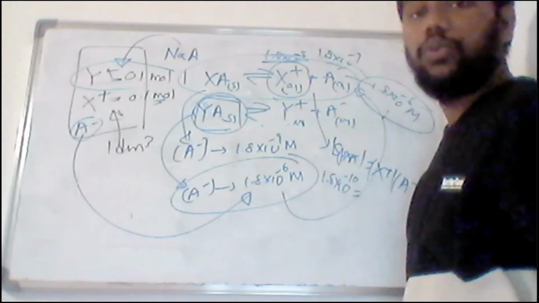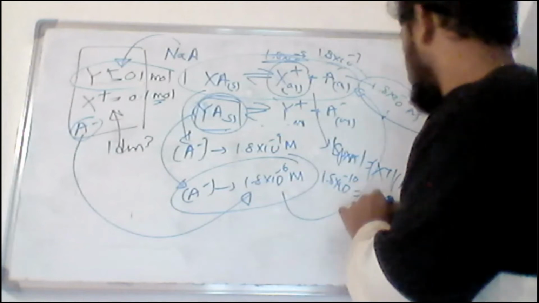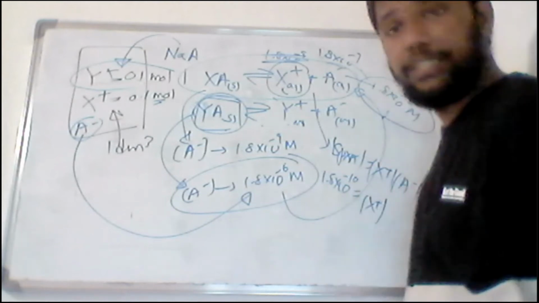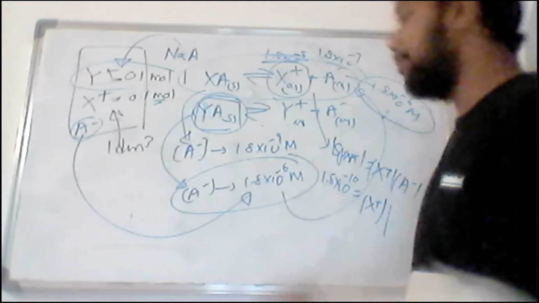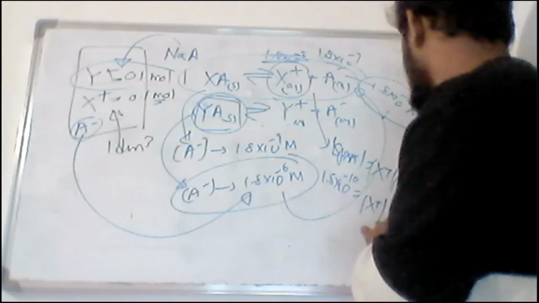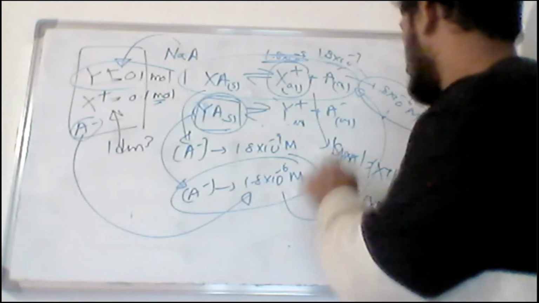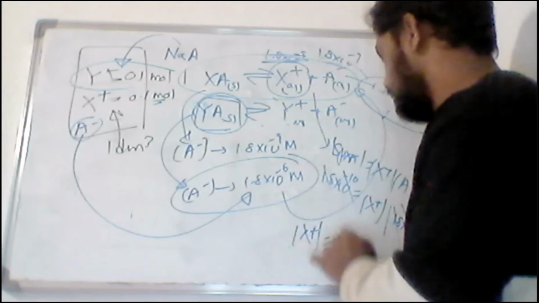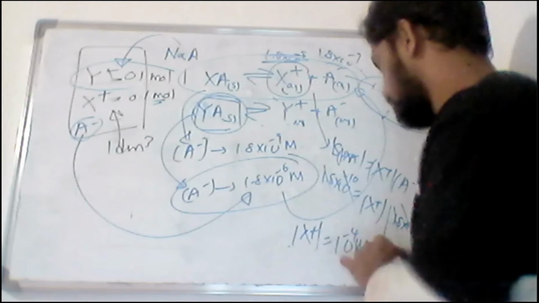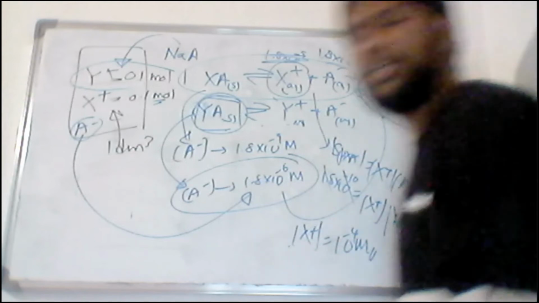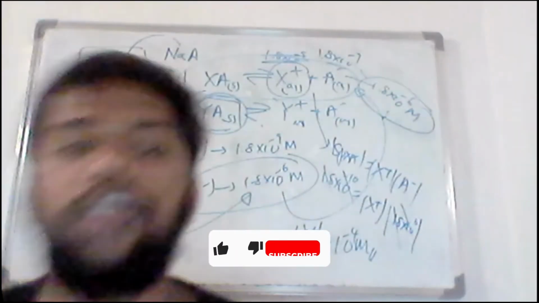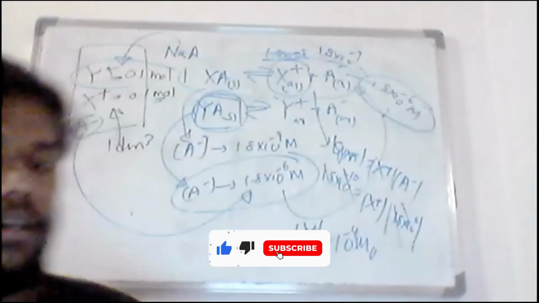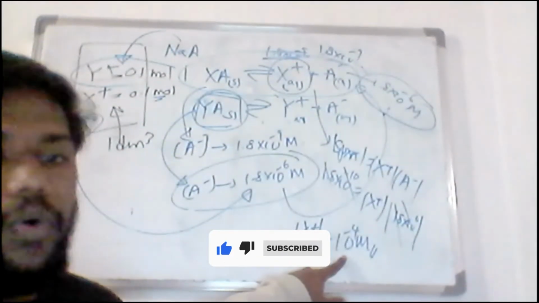X plus we don't know; that is what we have to find at the beginning of the second precipitation. But A minus we know at the beginning of the second precipitation was 1.8 into 10 to the power minus 6. So 1.8 by 1.8, and the remaining X plus concentration is 10 to the power minus 4. Okay. So when the second precipitation starts, the concentration of X plus at the end is 10 to the power minus 4 molar.